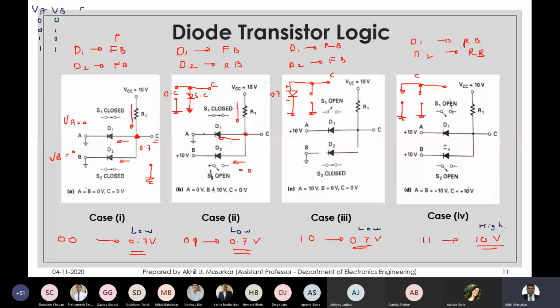We get an output which is low, we will say 0, and high we will say 1. So this is the basic operation of an AND gate using diode transistor logic, DTL. So two diodes and one resistor can be used to make an AND gate.